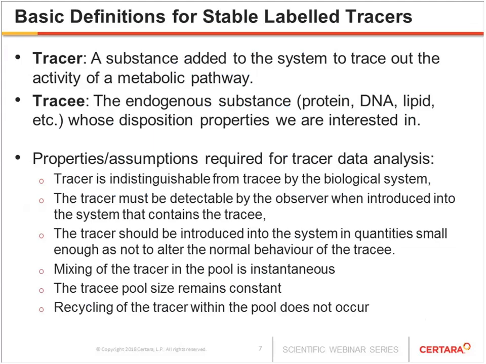So starting with some introductory definitions, I would like to talk to you about what we mean by a tracer or a tracee. A tracer is typically a substance that is added into a system to trace the activity of something else, and typically that would be a metabolic pathway.